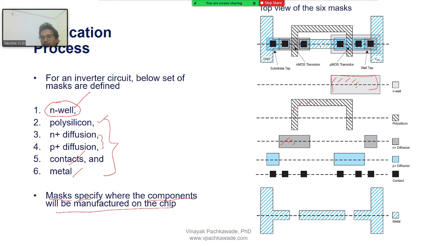N-well is placed here, this is the substrate, this is the area, and just like a piece of paper, I am putting the N-well here, polysilicon here, NMOS transistors here, PMOS transistors here, right? N-well here, P substrate here, and the contacts, and then the metal. So the mask will be used in all these things to define your sections out here. Okay, just a second.